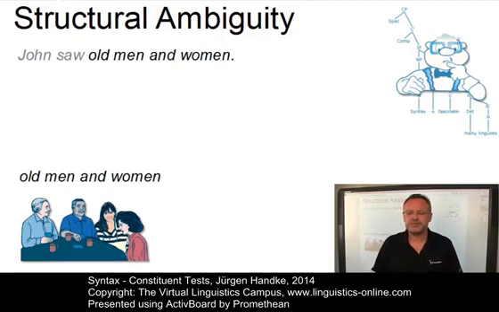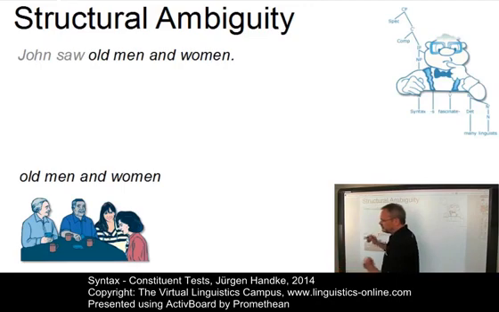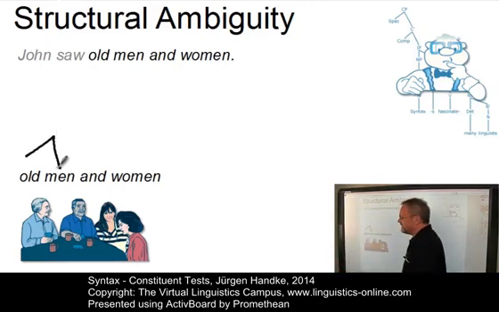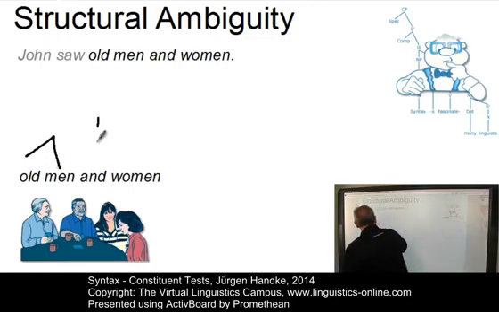This difference can well be represented by means of a hierarchical representation where specific constituents can be worked out. In the first case, where just the men are old, we will probably build an independent constituent that links "old" with "men". And this can be conjoined with "and women" at a later stage.